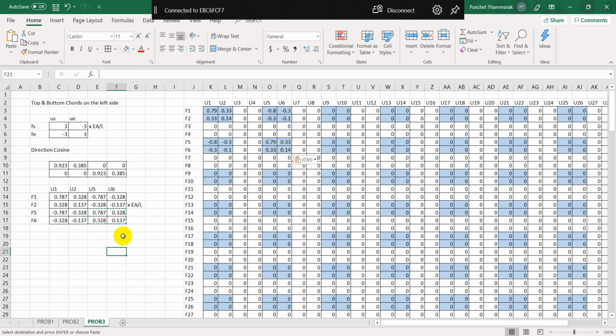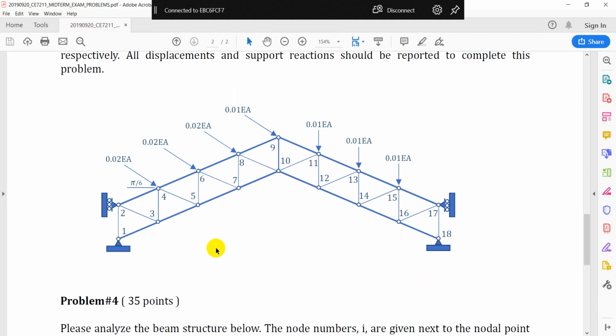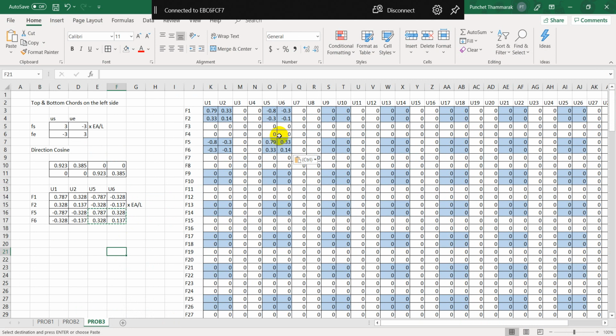Okay. First element done. How about the next element? I look at this one. This one involves U5, U6, and then U9, U10, right? 5, 6, 9, 10. So come back here again. 5, 6, 9, 10. So it's going to be around here. So for here, multiply by 2.